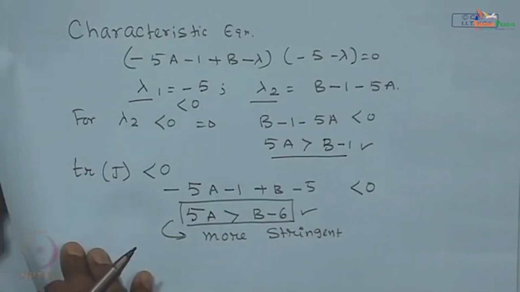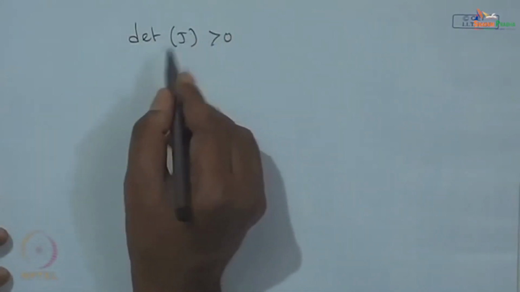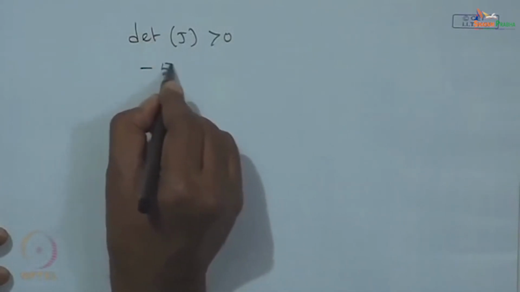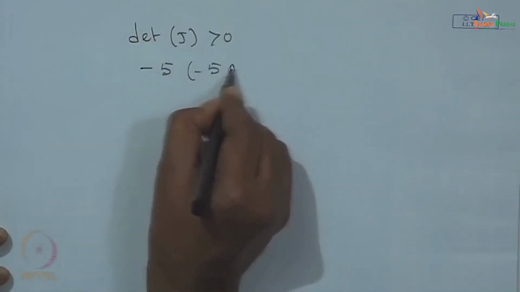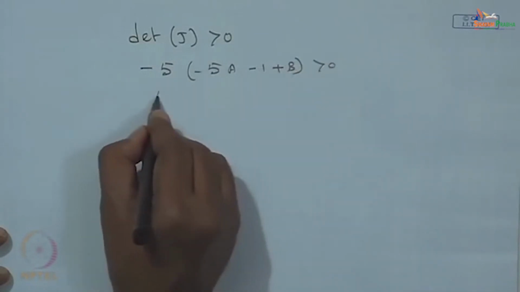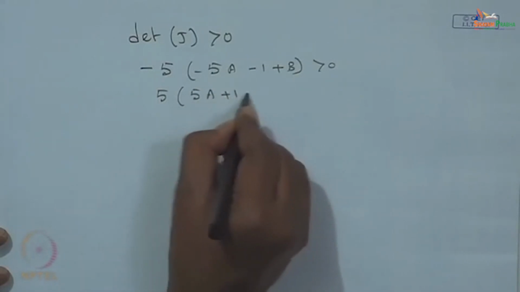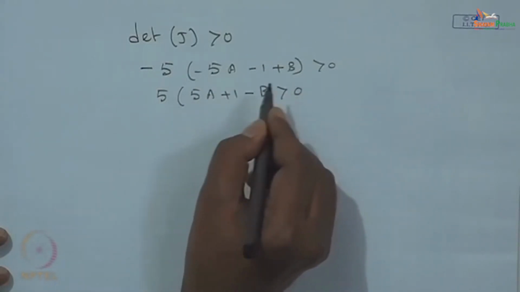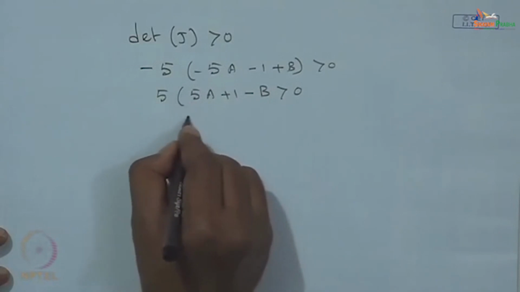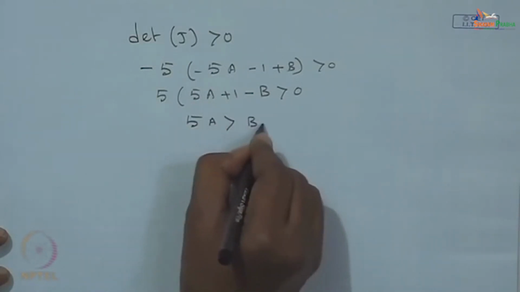Then we will also check that the determinant of J, the Jacobian matrix, should be greater than 0. If you look into the determinant, this becomes minus 5 times minus 5a minus 1 plus b, which should be greater than 0. So, the minus can be consumed here, and this will be 5a plus 1 minus b greater than 0. So, one can have 5a greater than b minus 1.